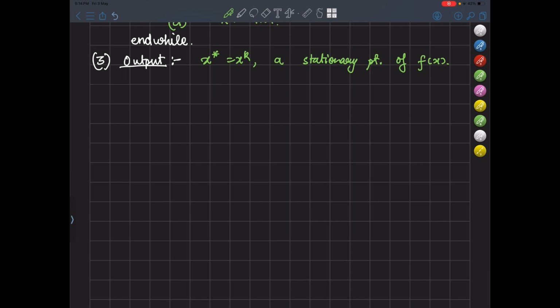So let's say our initial trust region was delta k at this point.